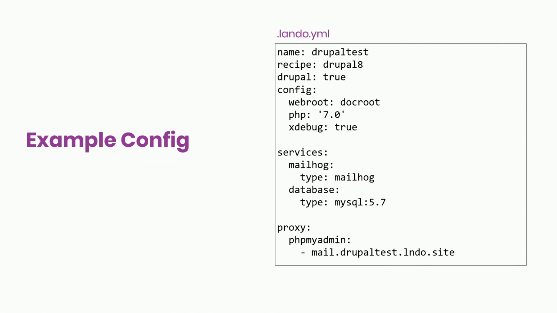You access it in the browser, but I want to define the URL that's given to it. I want it to be mail.drupaltest.lando.site. I can just define here. I'd say proxy, I'd say mailhog, and then I just put in the address there, and Lando handles all the wiring, all the stuff within Docker to get that done for you. So it takes a lot of the hassle out of it.